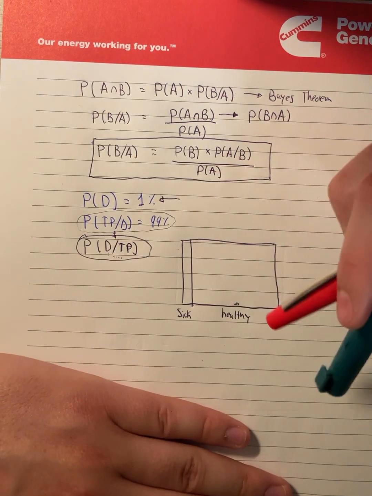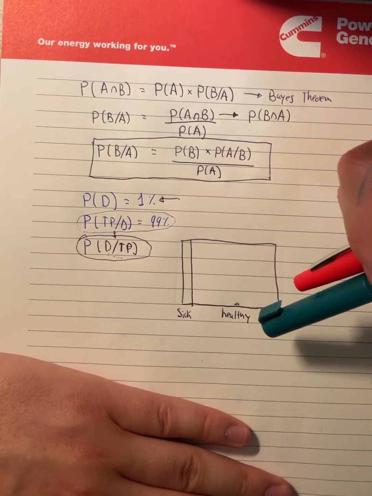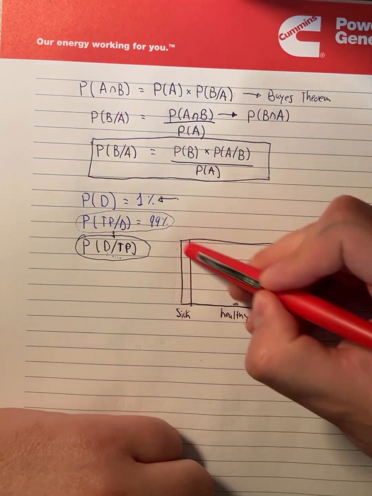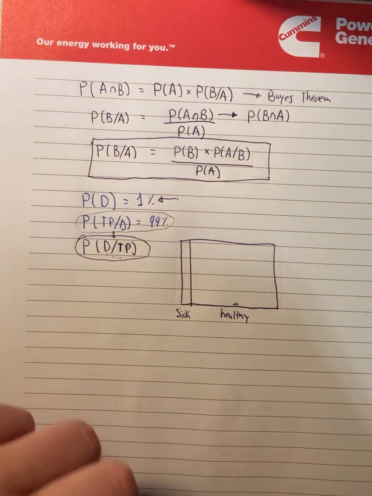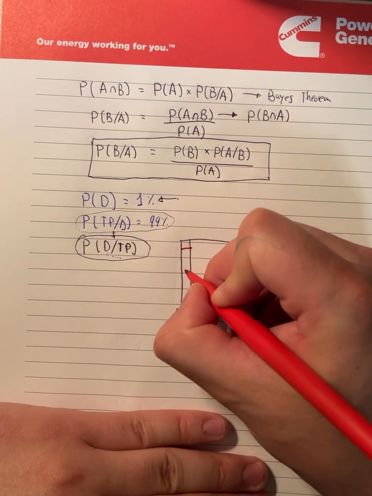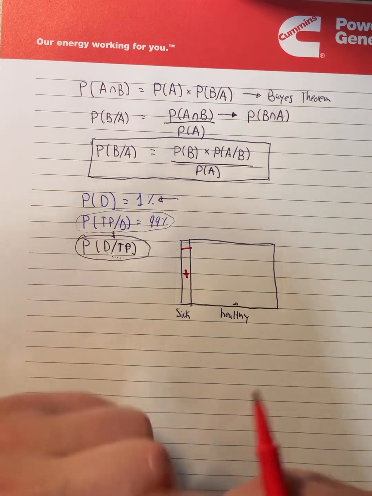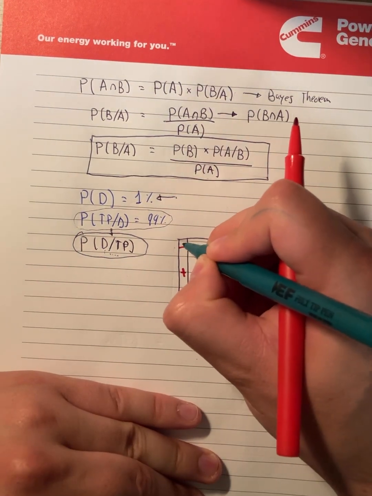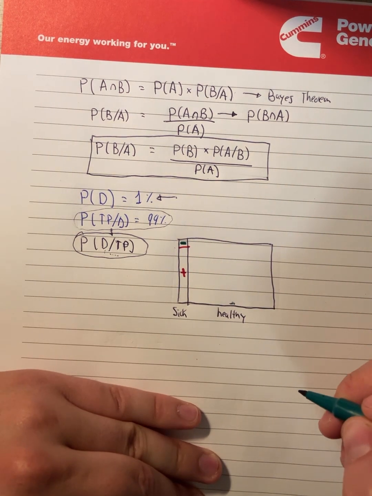Okay, what else do we know? Well, we know that our test is 99% accurate, right? Meaning that the people that are sick are going to have a positive test 99% of the time, and a false negative just 1% of the time.